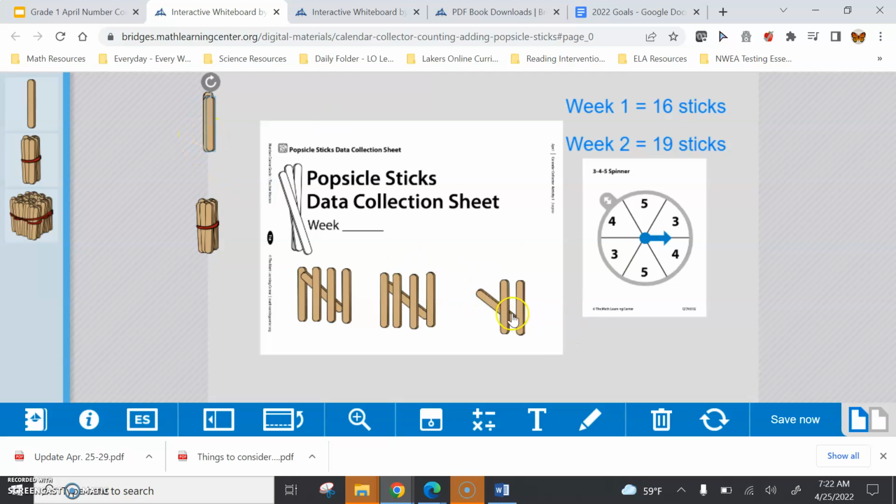I wonder how many popsicle sticks we'll collect this week. It's going to be pretty awesome. Let's see what we can do. We just want to make sure all of these go back. And then we will begin.